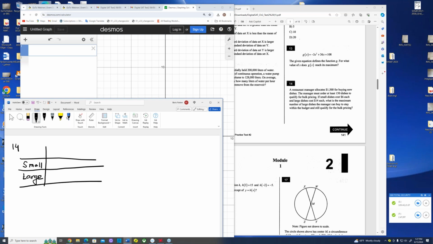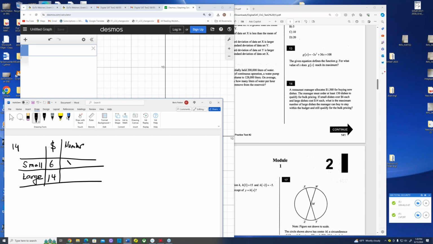And what do we know about this? The cost of each: small is 6 and large is 14. Number of dishes, like we did in the previous problem.